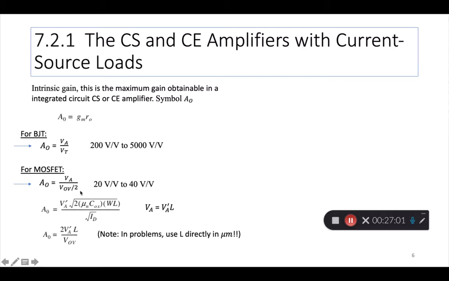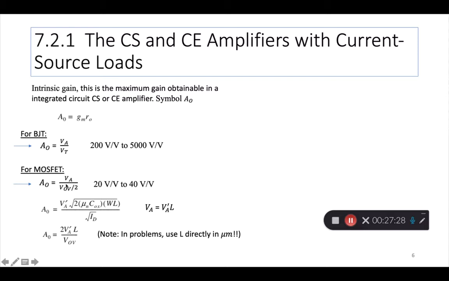But the small Vt, both N and P type, is also a technology dependent constant, right? So, bottom line is the intrinsic gain, this ratio, is generally between 200 volts per volt to 5000 volts per volt for a BJT.